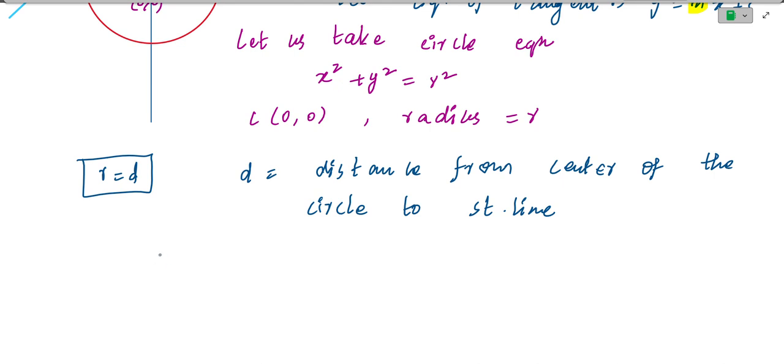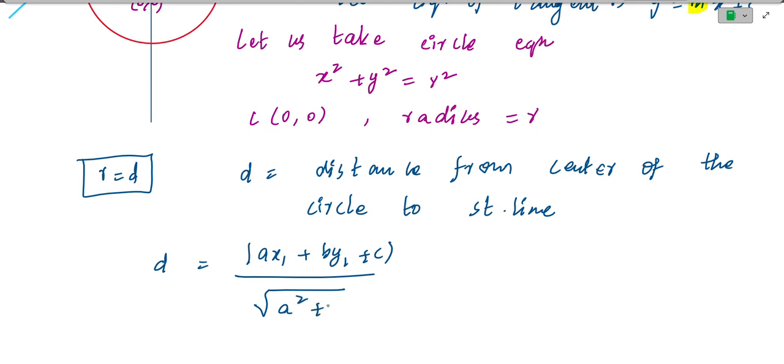The distance formula will be d is equal to mod of ax1 plus by1 plus c, whole divided by under root of a square plus b square.